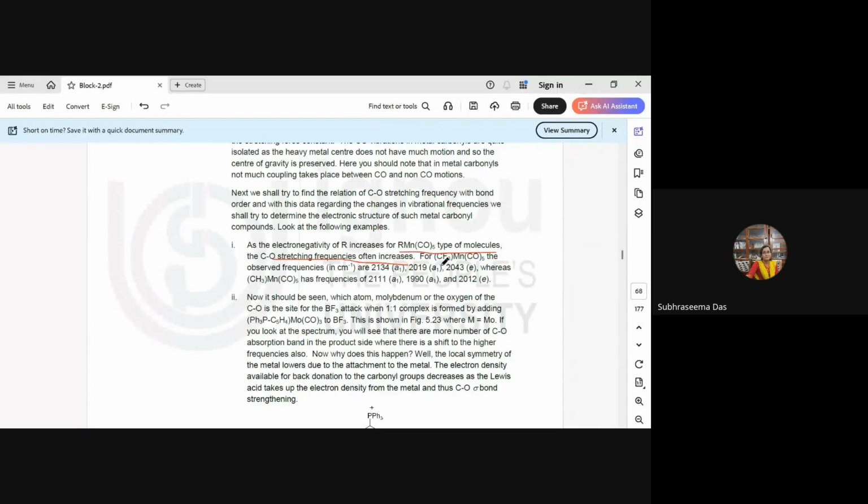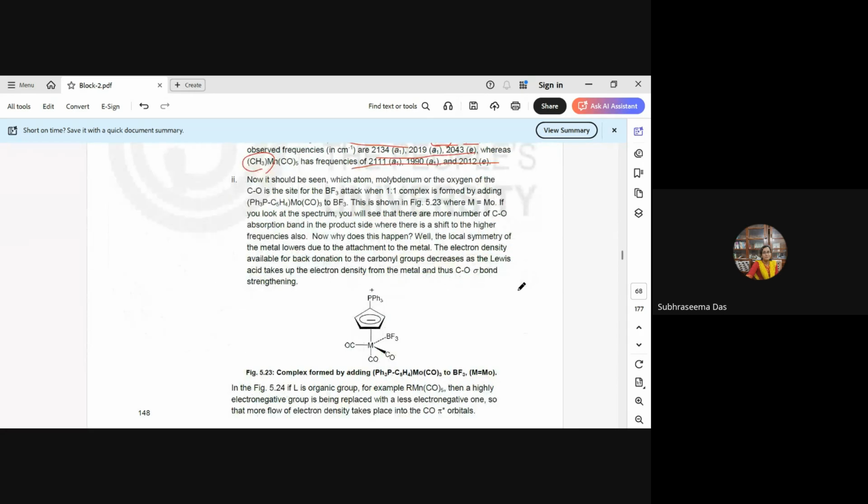Suppose we have the example CF3Mn(CO)5, the observed frequencies are in this range. But if the R group, CF3, is changed to CH3, then the observed frequencies change in a different order. So the electronegativity of the attached R group in a transition metal carbonyl also affects the CO stretching frequencies.